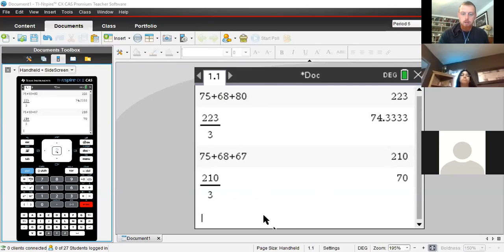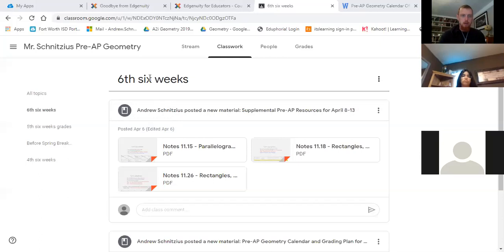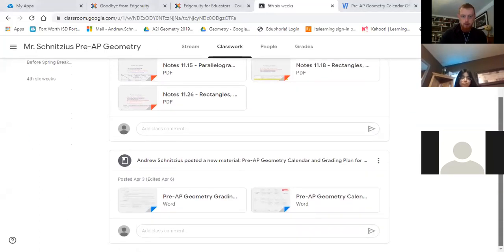So let's look at the calendar for this class and get a quick update of where we're supposed to be. Here, everything that we're going to use to get our grades this 6 weeks is going to be posted here in the 6th 6 weeks folder. And if I come down here, here's the pre-AP geometry calendar.